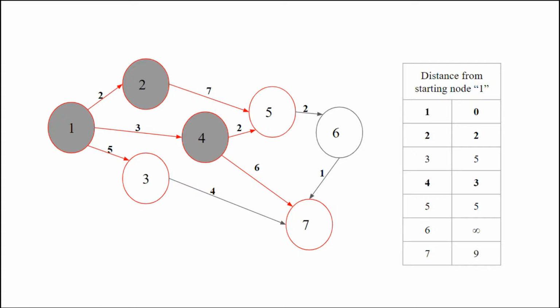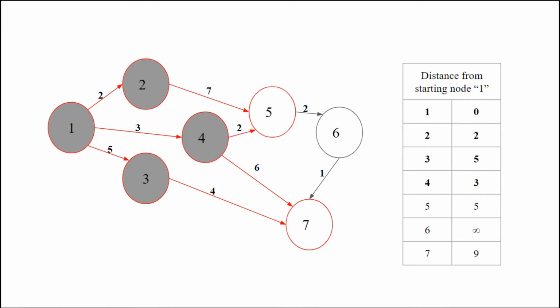And then you go to the next node, 3, and from 3 you can go to 7 again. And the distance to 7, the shortest distance, is still 9, so you don't really change anything. But because all of the neighbors of 3 are now visited, 3 is fully visited. Then you go to the next node, which is 5, because 5 has the smallest distance compared to the remaining nodes.